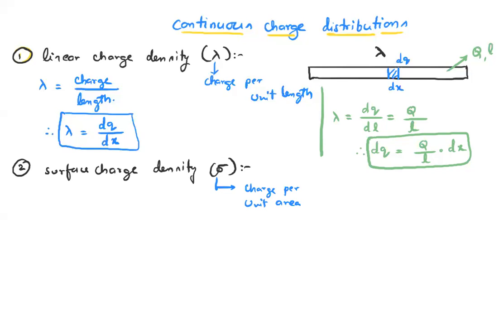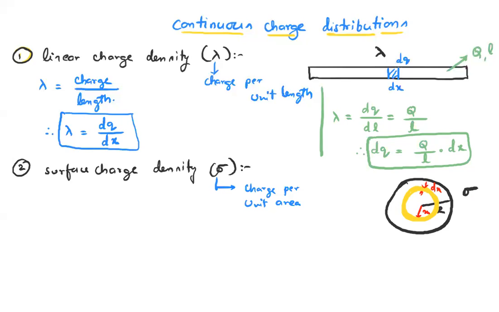Let's assume a disk, and over it a charge is distributed uniformly with a surface charge density sigma. Then I would like to find the elemental area. Let's assume a shaded portion whose thickness is dx and whose radius is x.